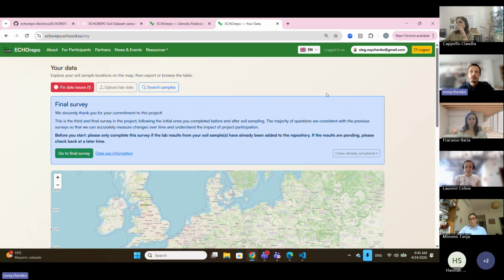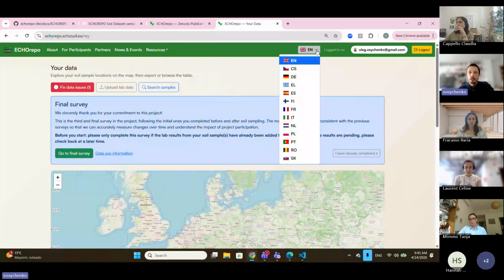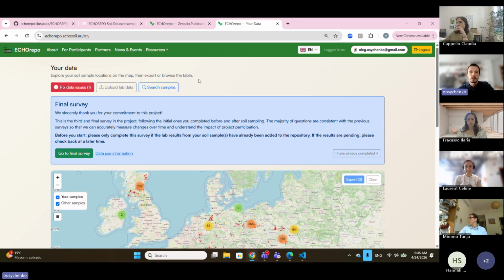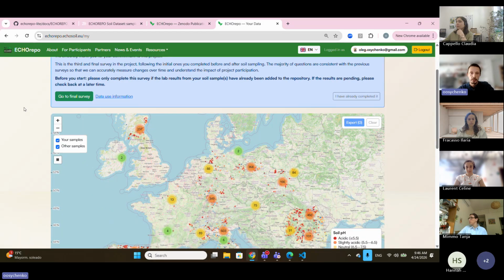First of all, you may see that we have a number of languages available for the website, and all the materials are translated to the corresponding languages. Later I will explain what these buttons mean. But first of all, let's take a look at the map itself.